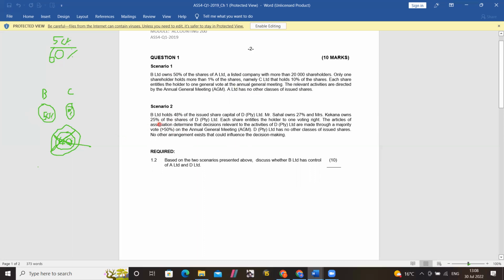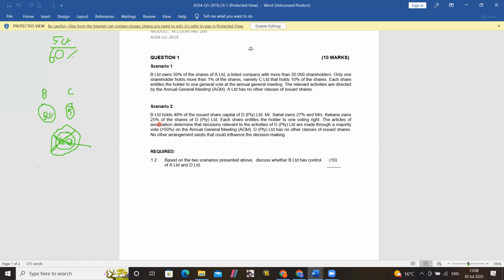And then let's go to scenario two. Scenario two says B holds 48% of the issued share capital of D, and Mr. Sahal owns 27% and Ms. Kekana owns 25% of the shares of D. And they said each share entitles the holder to one voting right.